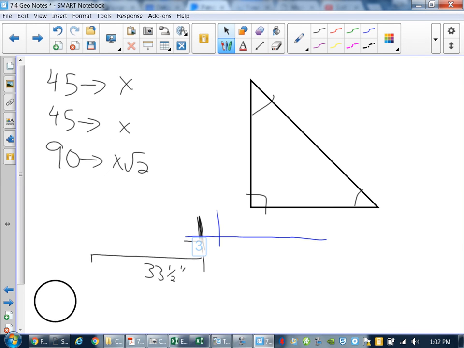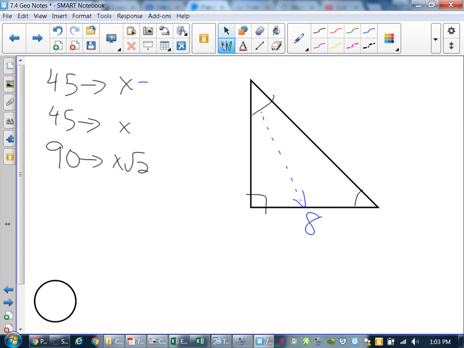If I take this algebra jig and I know that I have 45, 45, 90, and I know that one of my side lengths is 8, I just have to know across from what angle is the value of 8. Well, it is across from the 45. So that means across from the 45 is the value of x.